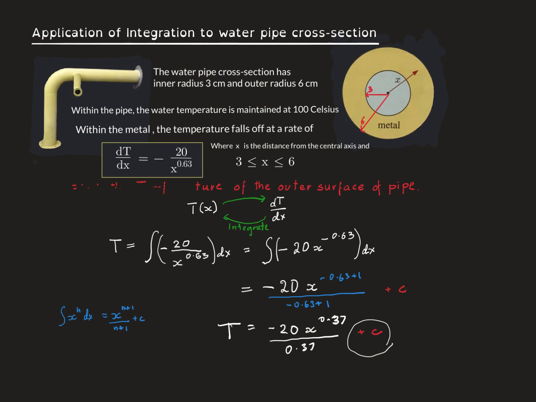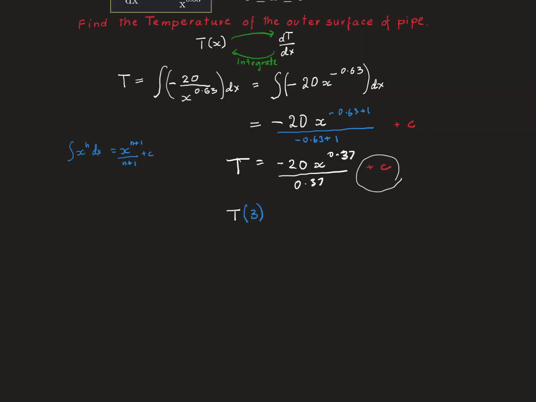So we can say that at radius of 3 we will get minus 20 times 3 to the 0.37 over 0.37 plus c. And the temperature at that distance was given to be 100 Celsius.